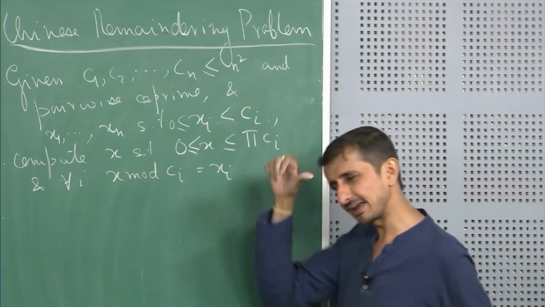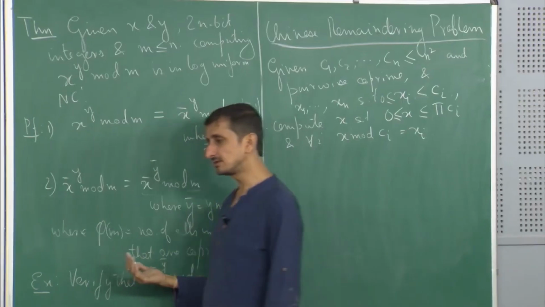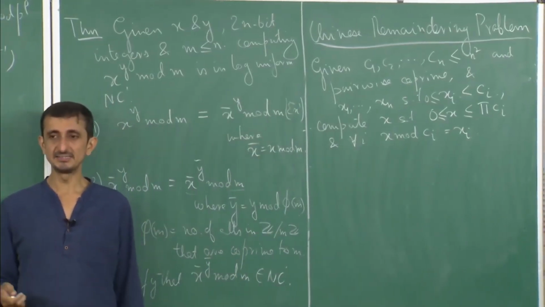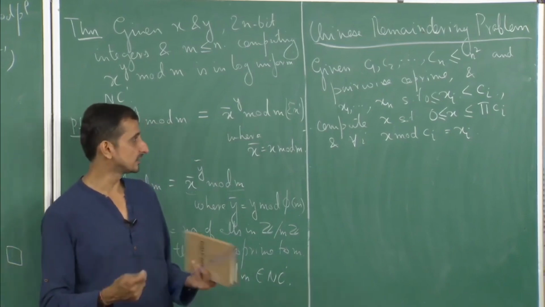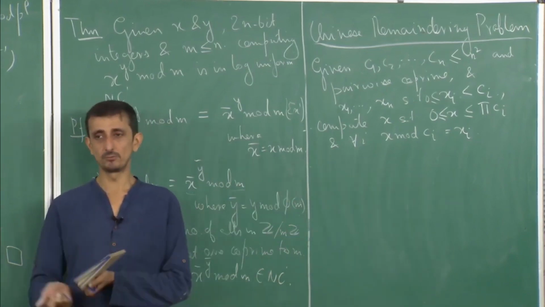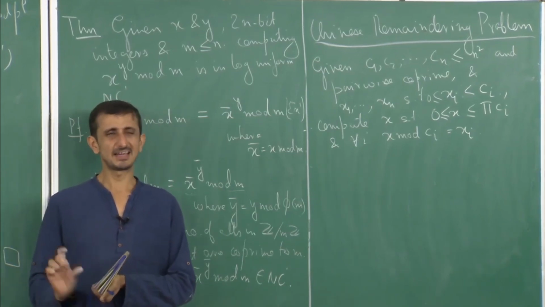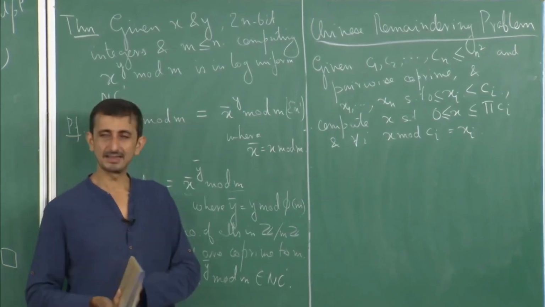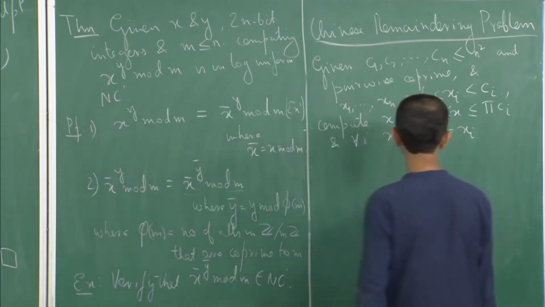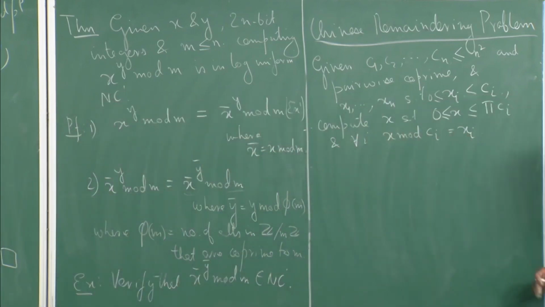The theorem is again not very difficult. Uniqueness is quite easy to prove: if you assume there are two such numbers x and y, you can very easily show that x is equal to y. Existence is a little bit more difficult, but it is very elementary algebra, using which you can show that there exists such an x.